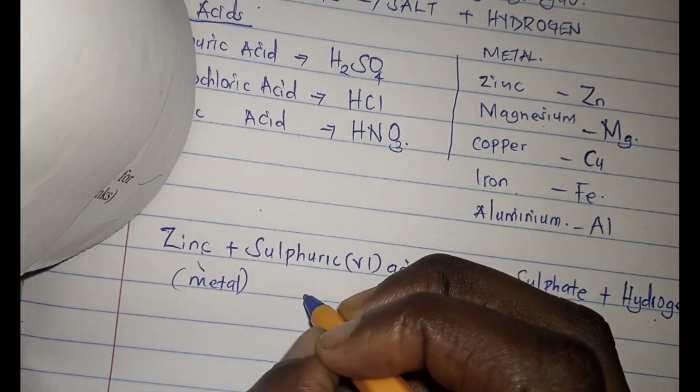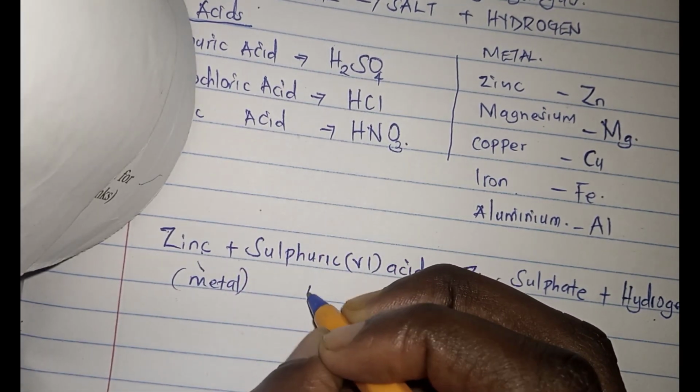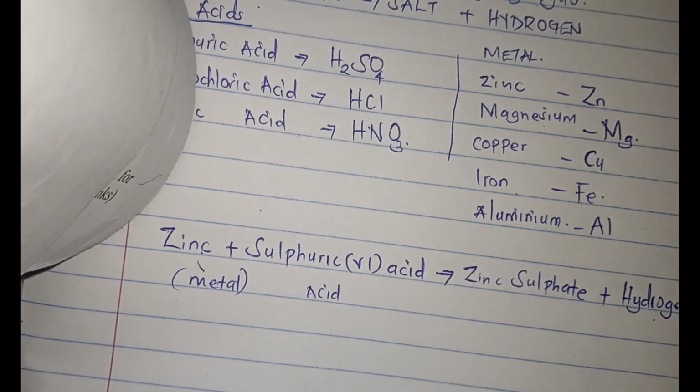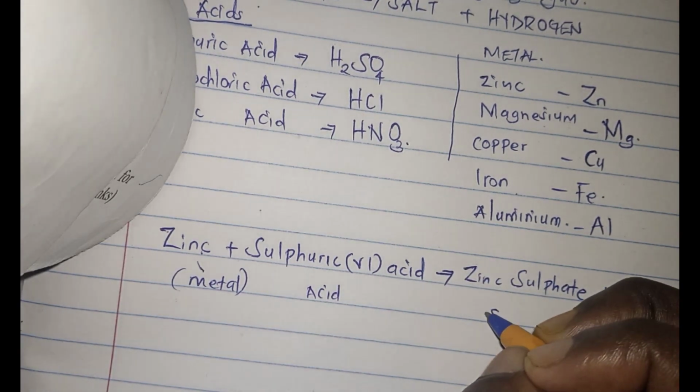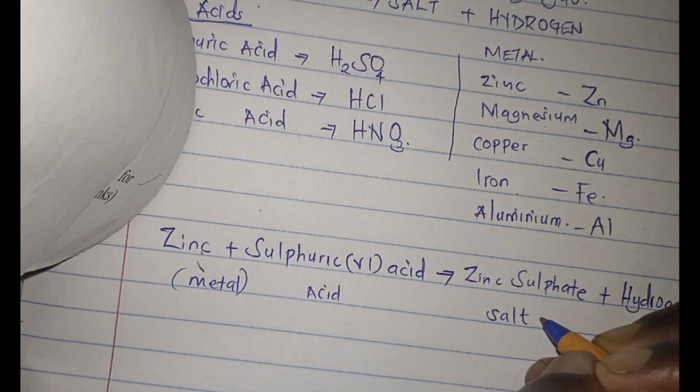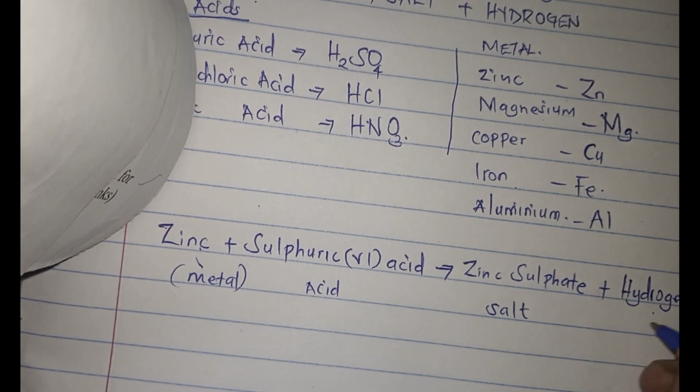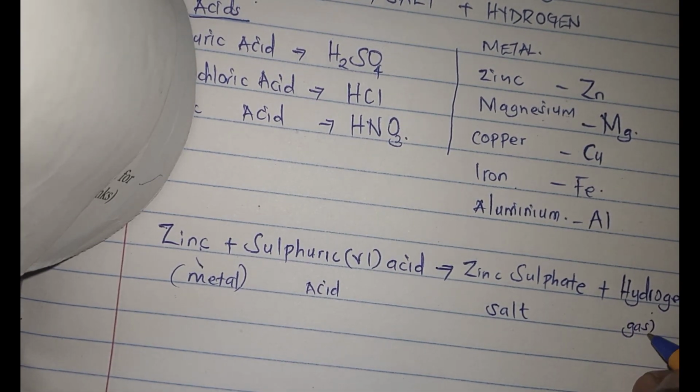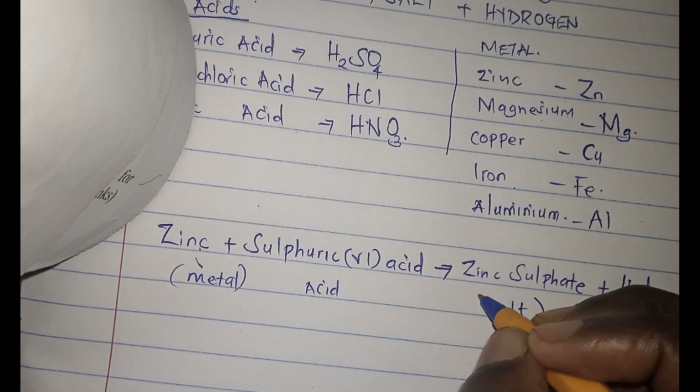Zinc is the metal. Sulfuric acid is the acid. Zinc sulfate is the salt. And hydrogen is the gas that is produced.